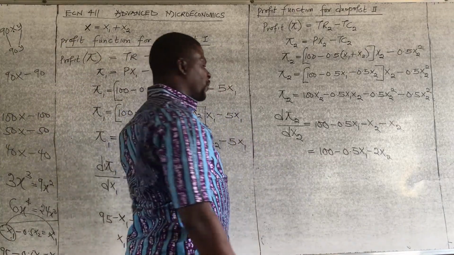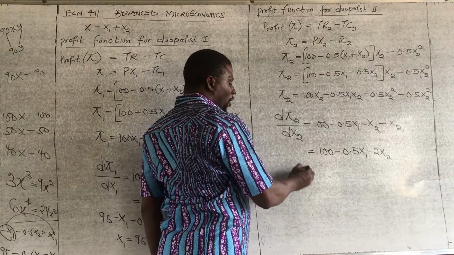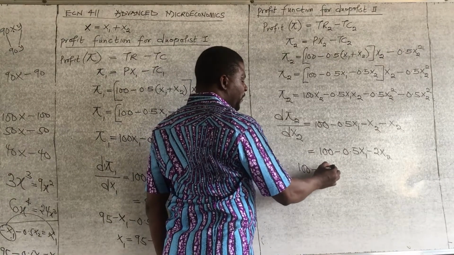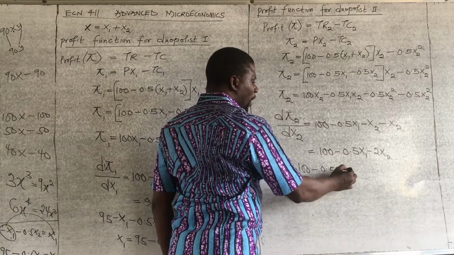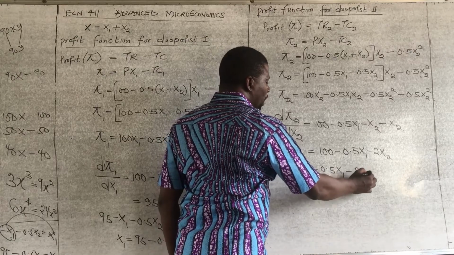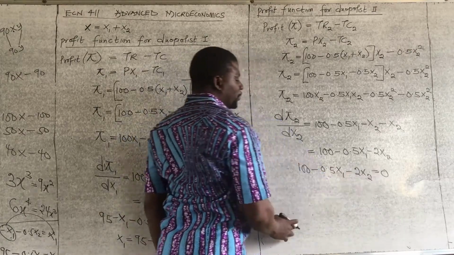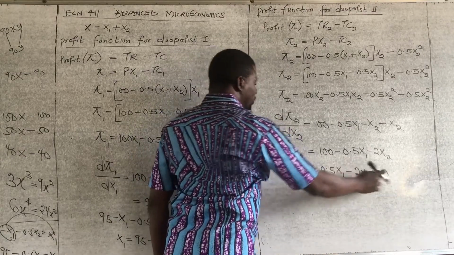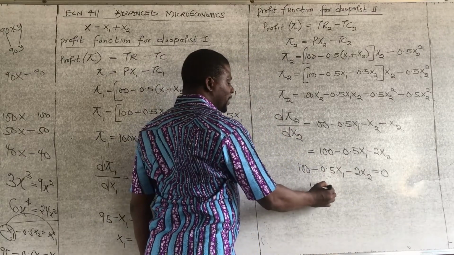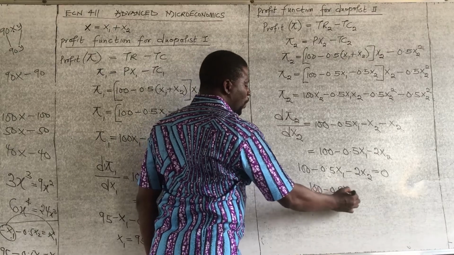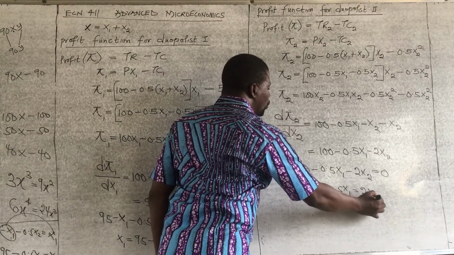From here, let's make x2 the subject of the formula. So if I have 100 minus 0.5x1 minus 2x2 equals 0. Minus 2x2, take it to this side. So I'll have 100 minus 0.5x1 equals 2x2.